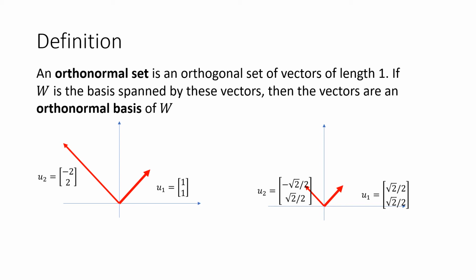Okay, so we've seen the idea of an orthogonal set. We've seen how it's really nice when your basis is orthogonal, and we're going to take that one step further. An orthonormal basis is an orthogonal basis where the length of every element in there is equal to 1.